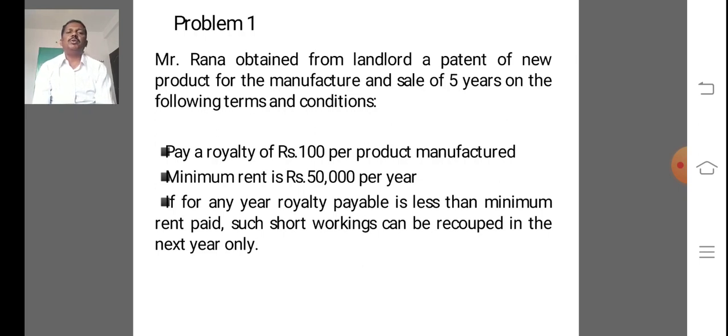Minimum rent is rupees 50,000 per year. If for any year royalty payable is less than the minimum rent paid, such short workings can be recouped in the next year only.